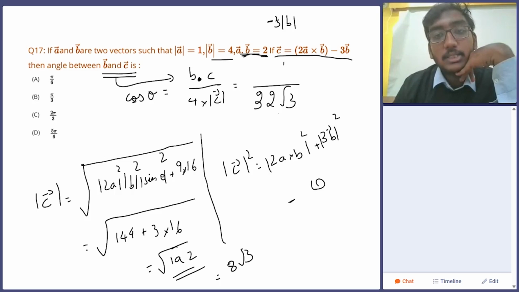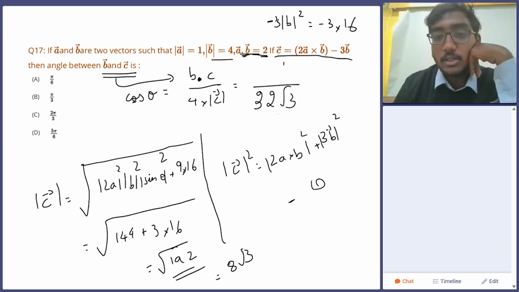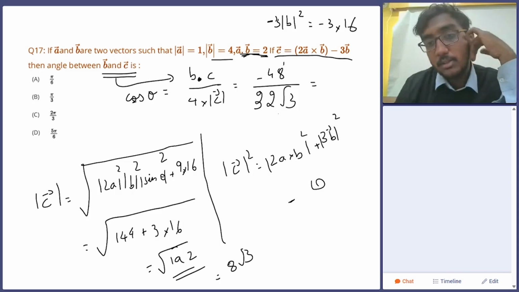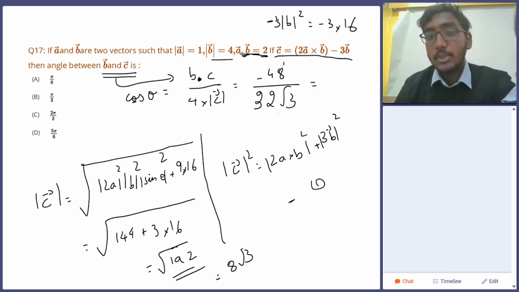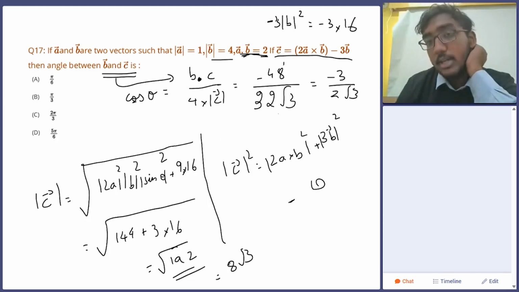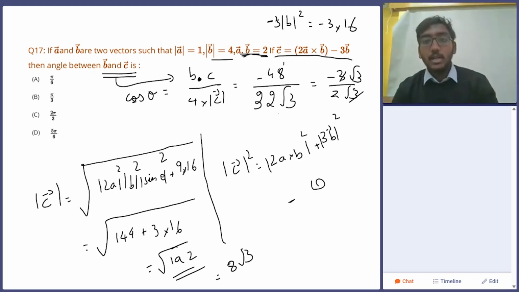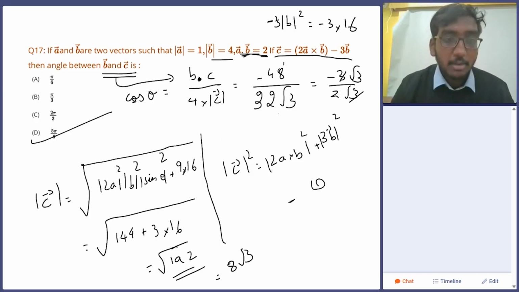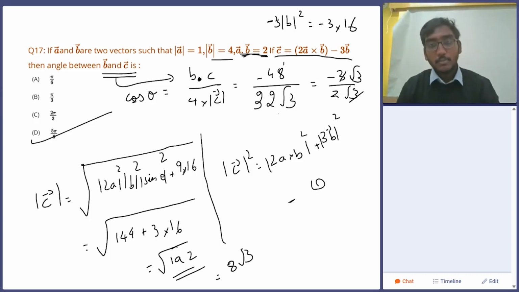Minus 3 mod B square, that is minus 3 into 16, no? It will be minus 48. Okay. Minus 48 upon 32 root 3. It will be minus 24 upon 16, so minus 3 upon 2 root 3, right? You can also write it as minus root 3 by 2. If cos theta is minus root 3 by 2, what will be the value of theta? It will be 5 pi by 6. Okay, 5 pi by 6 will be the answer.